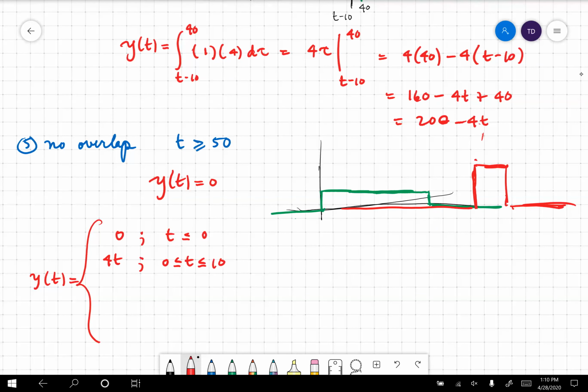Okay. Then we had a fixed amount. I believe that amount was 40, is that right? 40, and that was from 10 less than or equal to t, less than or equal to 40, if I remember correctly.